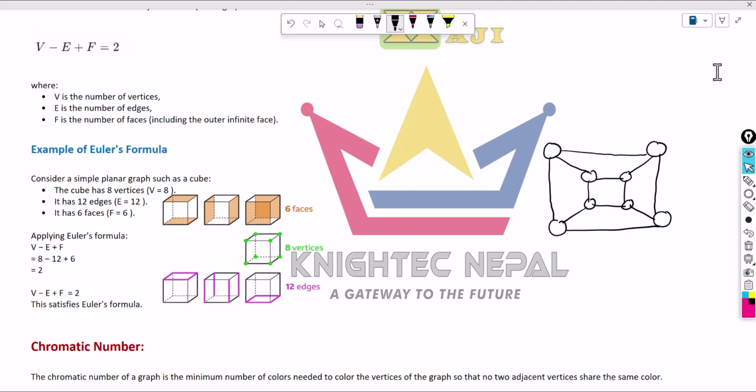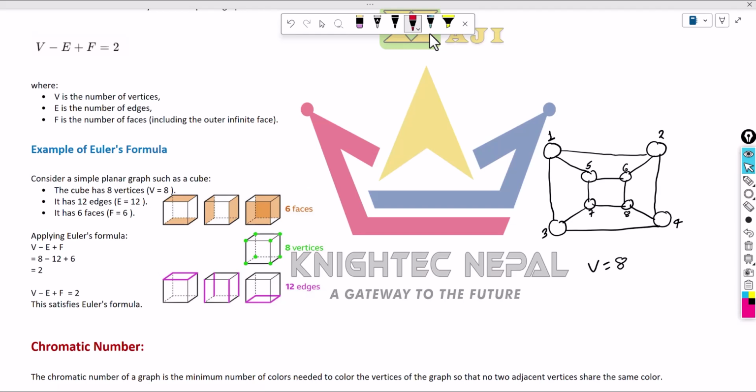As you can see, we have 1, 2, 3, 4, 5, 6, 7 and 8, so V equals 8. We have 8 vertices, and how many edges?